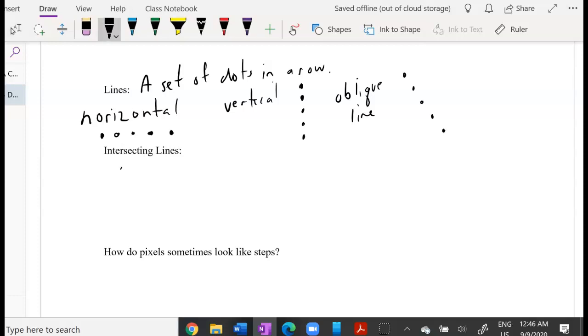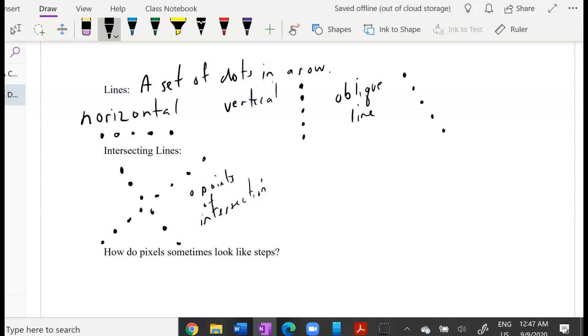Let me show you two discrete lines that intersect in 0 points. So here's one of the discrete lines, and here's another one. There's no point of intersection. So this is 0 points of intersection.